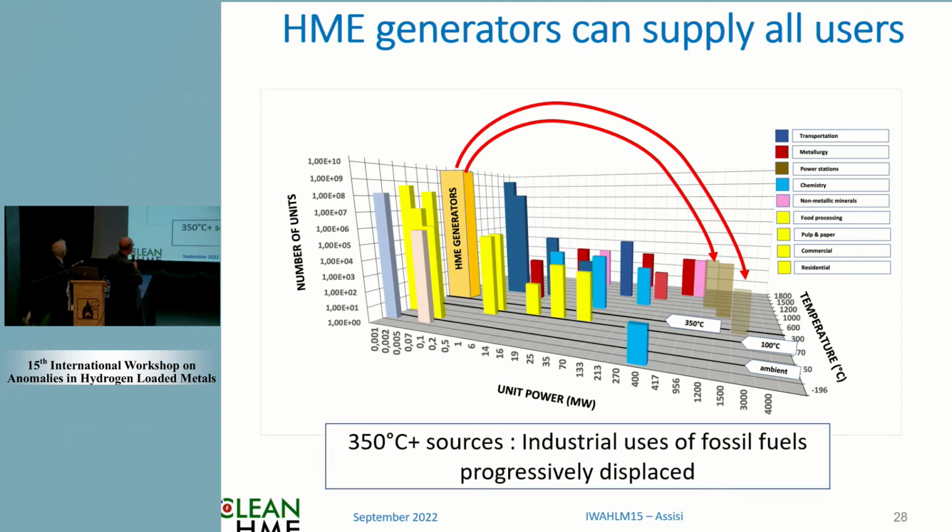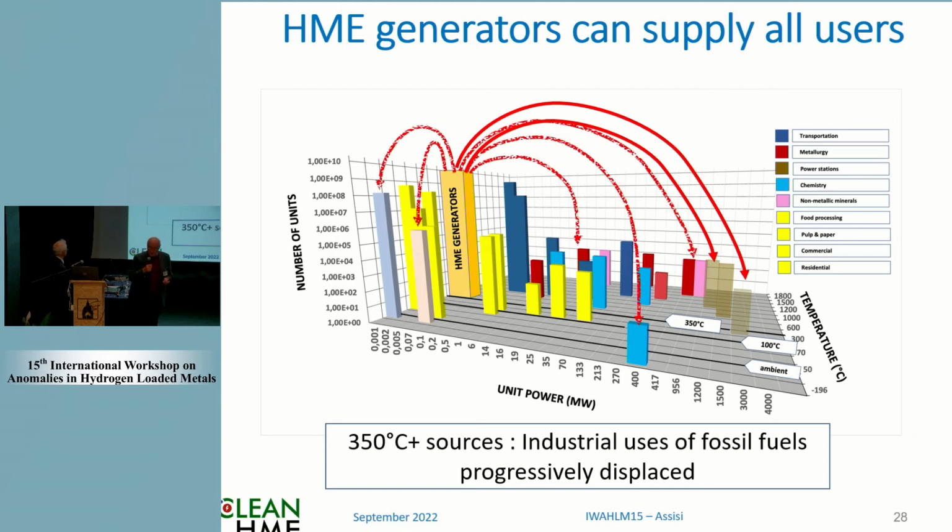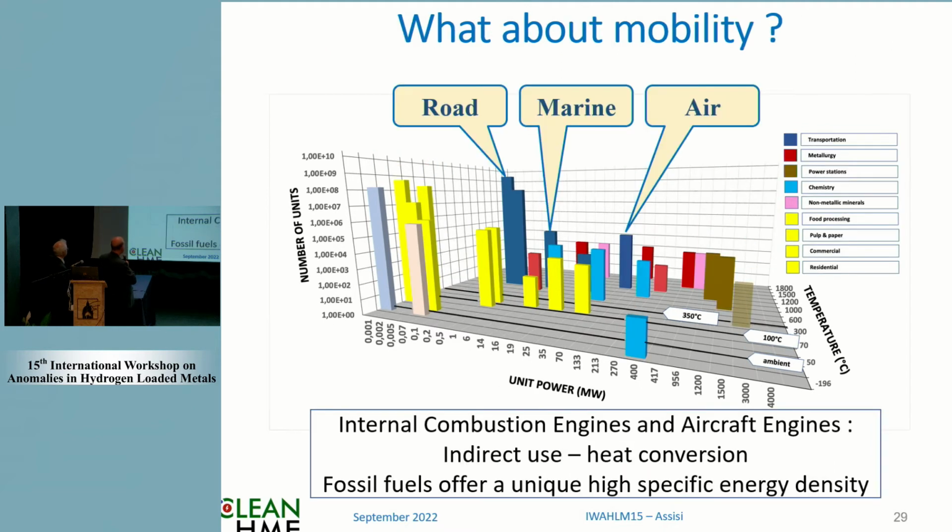And worse than that, if you have a lot of electricity, you can supply almost everything. So there is really a future for this kind of system, except that there might be a difficulty with mobility. Vehicles, cars, trucks, marine vessels, aircraft.